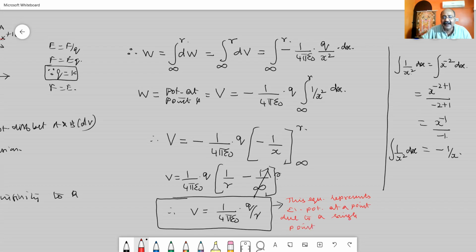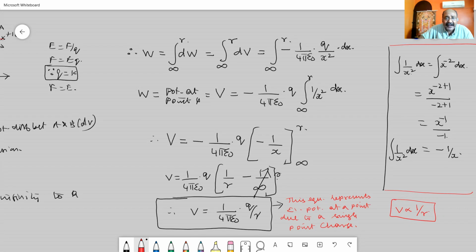What conclusions can I write from this? From this equation, the potential V is inversely proportional to the distance. 1 by 4 pi epsilon 0 is a constant, and the charge Q is also a constant. So V is inversely proportional to R.